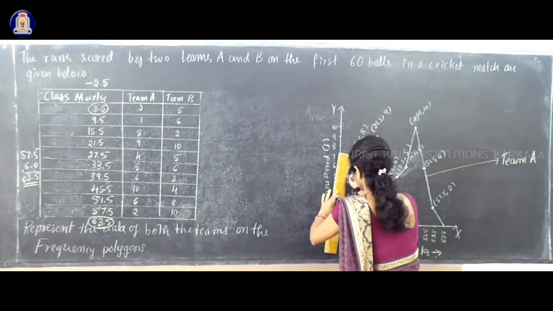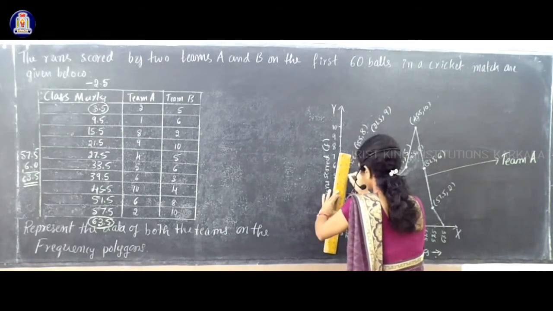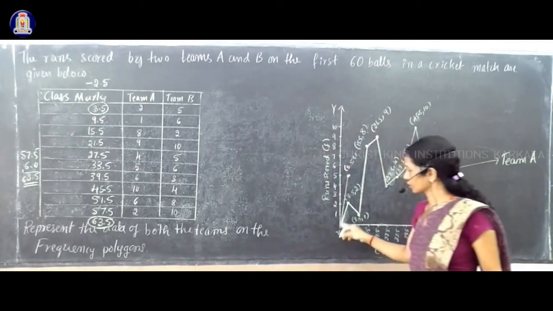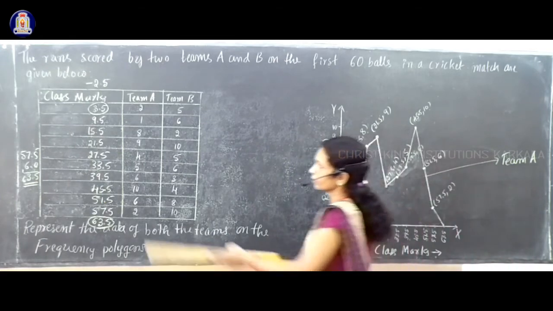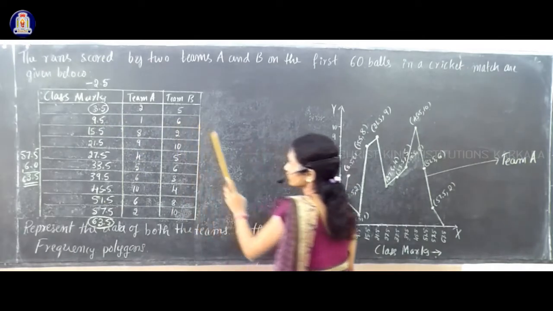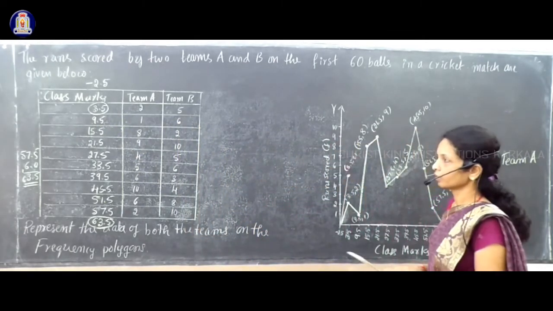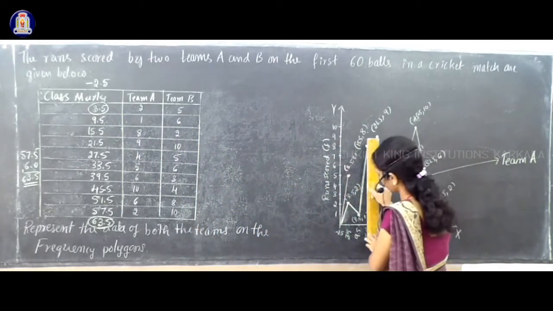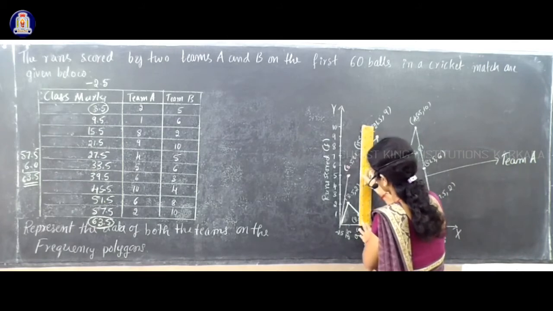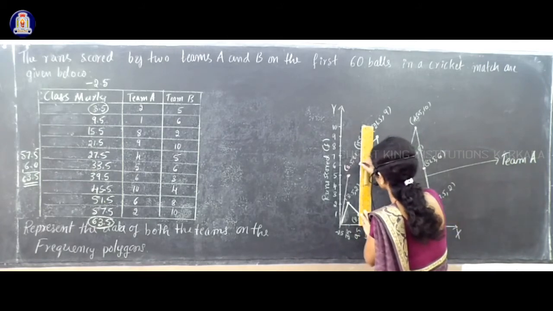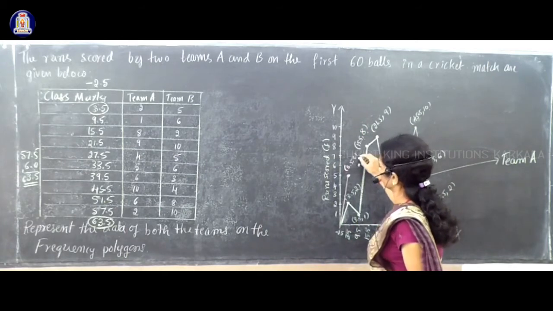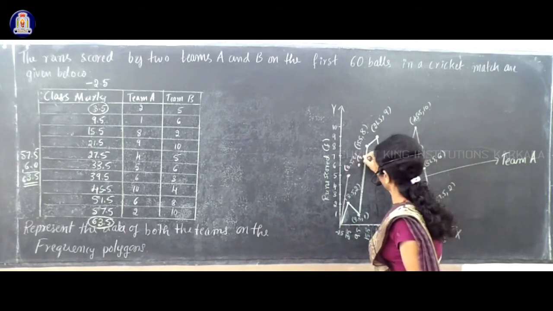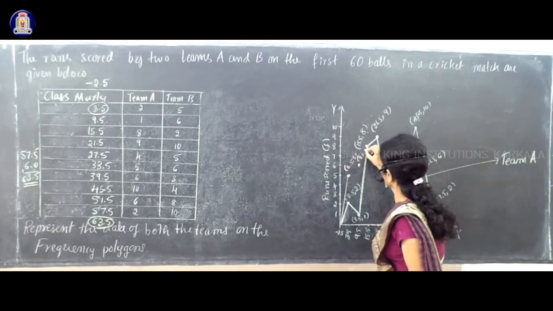In the origin we mark the previous class mark, or the first class mark. And next is 9.5. For that, team B's frequency is 6. At 9.5 you have to move up to 6, that is here. And this point's coordinates are 9.5, 6.